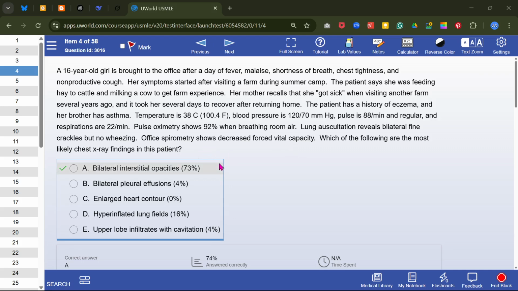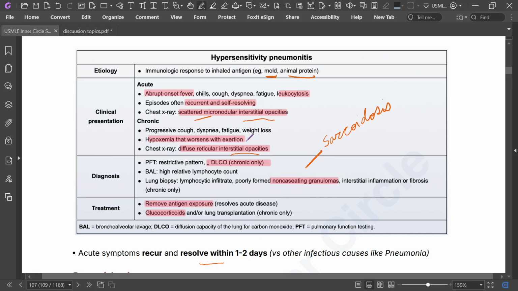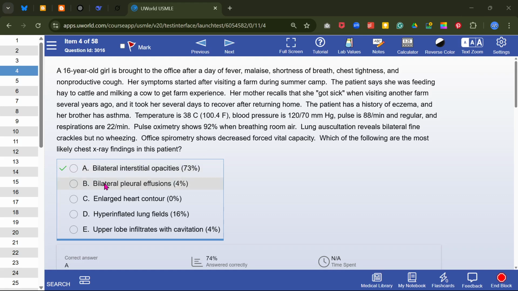In hypersensitivity pneumonitis, we have seen that there is interstitial opacity. In both acute and chronic cases, there are bilateral interstitial opacities. It is not bilateral pleural effusion. In pleural effusion, there is decreased, diminished, or absent breath sound, and dullness on percussion.